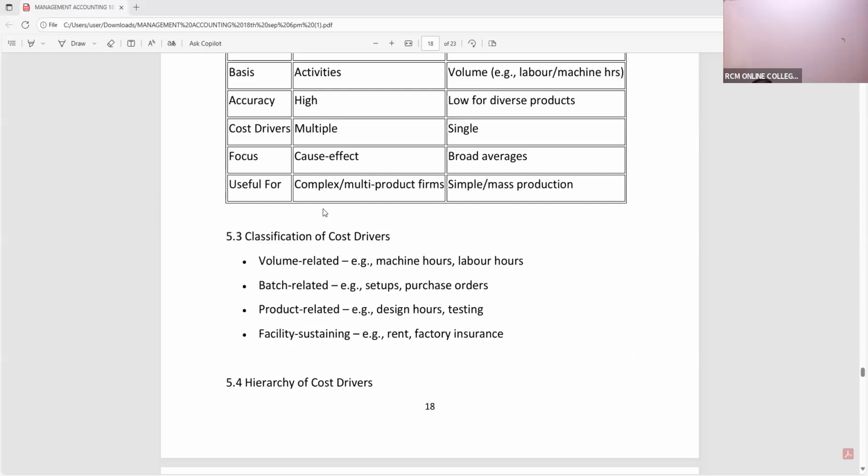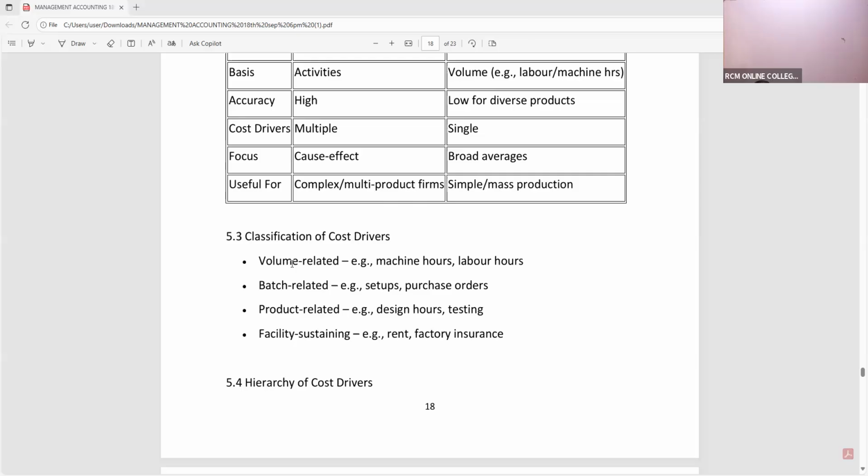Classification of cost drivers. We have the ones which are volume related. The more we produce, the bigger the cost driver will be. So, e.g., machine hours, labor hours: those are volume related. The higher the volumes, the higher the machine hours. Then we have the ones you have to go through whenever you're setting up batches.